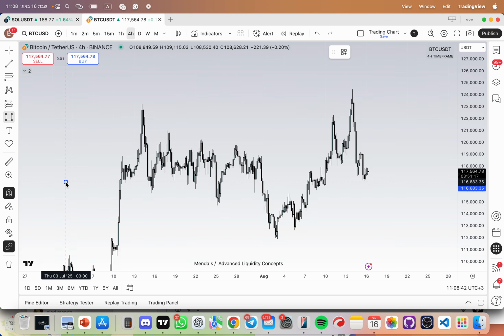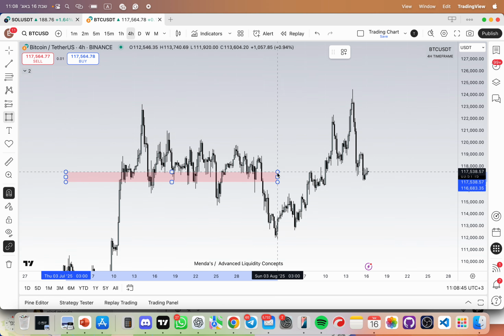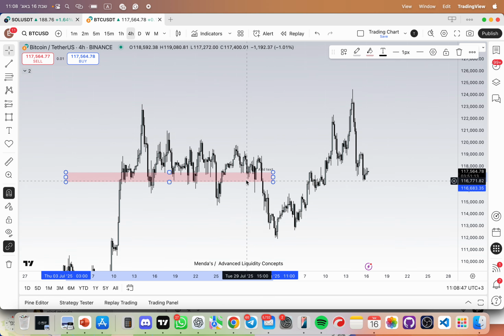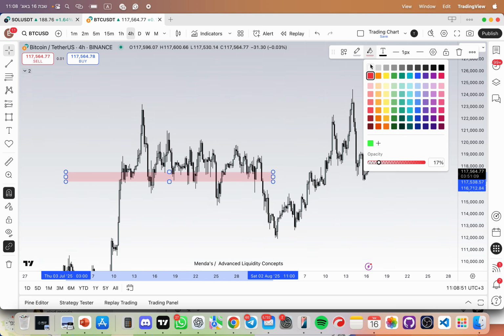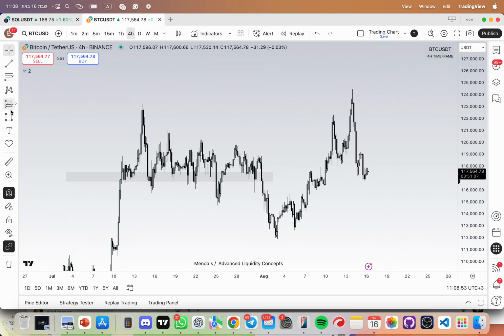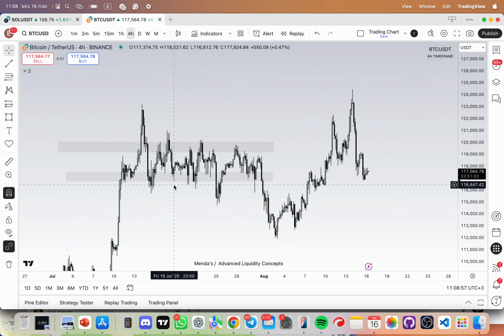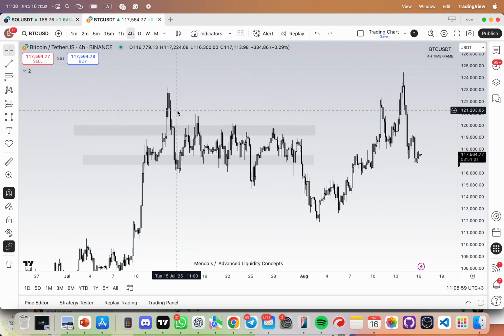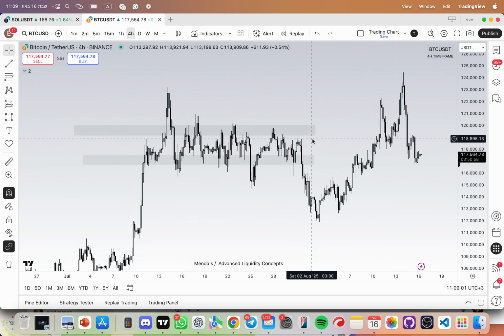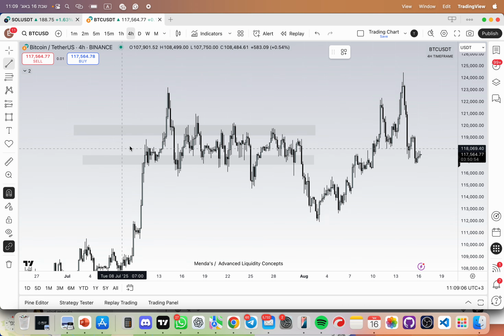In the concept, the first thing I do is mark the SNR levels. So let's make it gray. I will guide you through what I was expecting. When we see such a range, we have a resistance, we have a support, and we have a high.